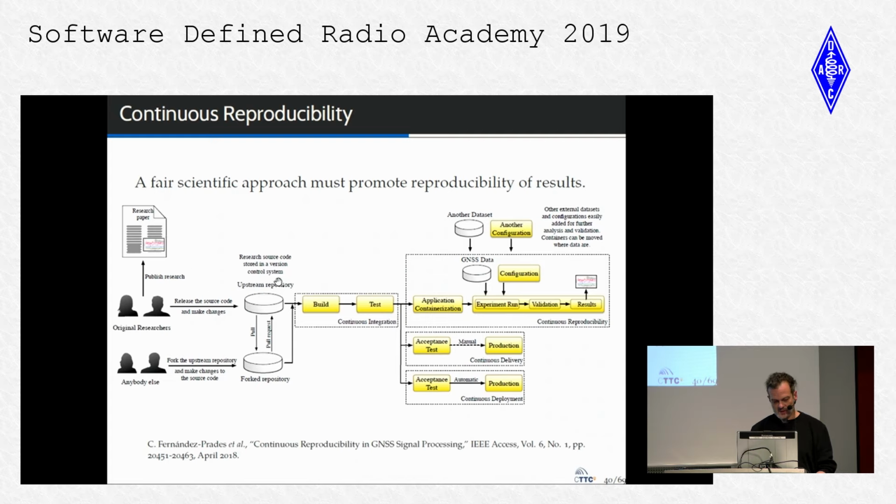Once the code is in the upstream repository, there is an automatic system that builds this software in different versions of Linux operating systems in order to be sure that it can compile everywhere. Then we run a battery of tests just to be sure that everything is running smoothly.